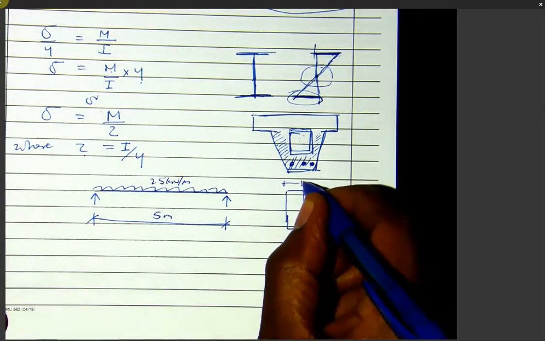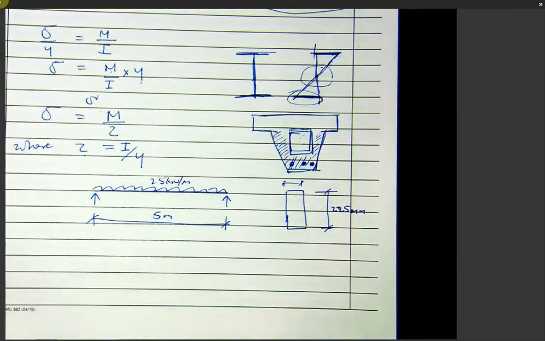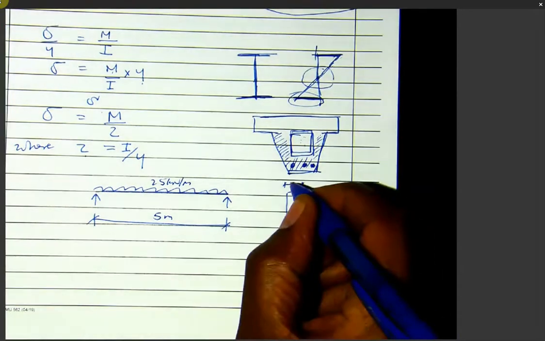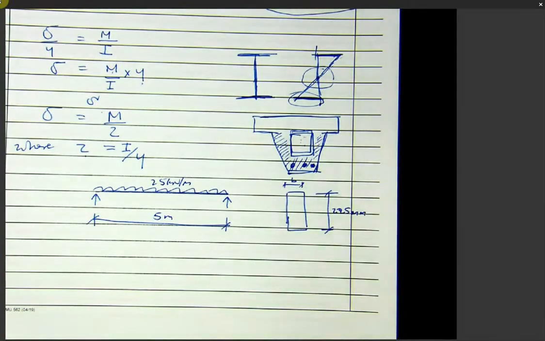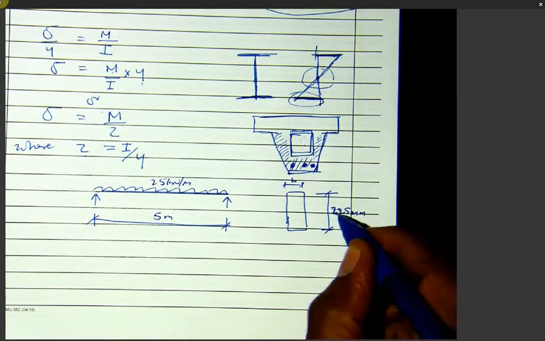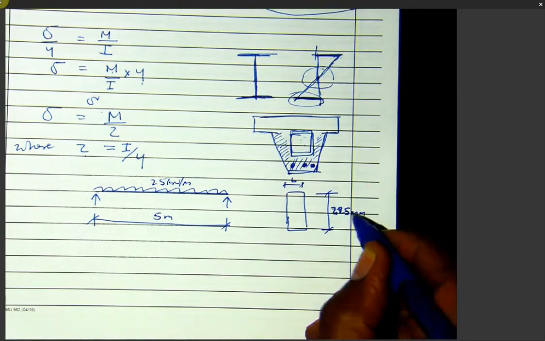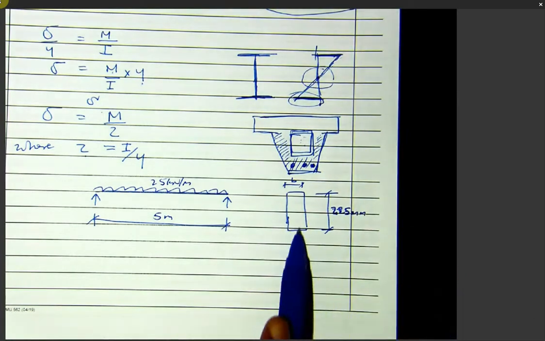You don't know that. You want to size the beam. I'm going to call that dimension B. The architect has told you that you can have a beam of that depth. I don't mind, as long as it does not exceed that depth.